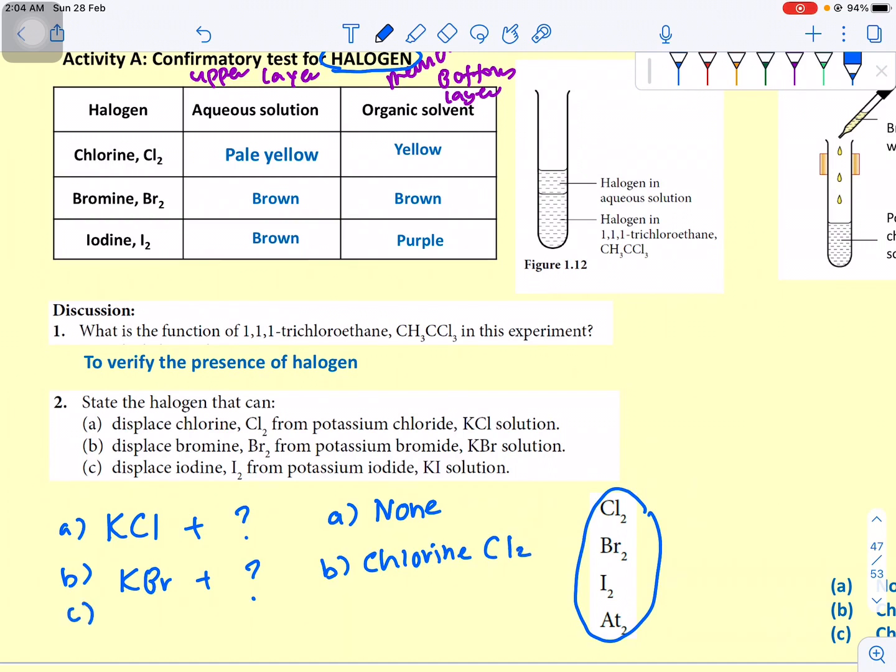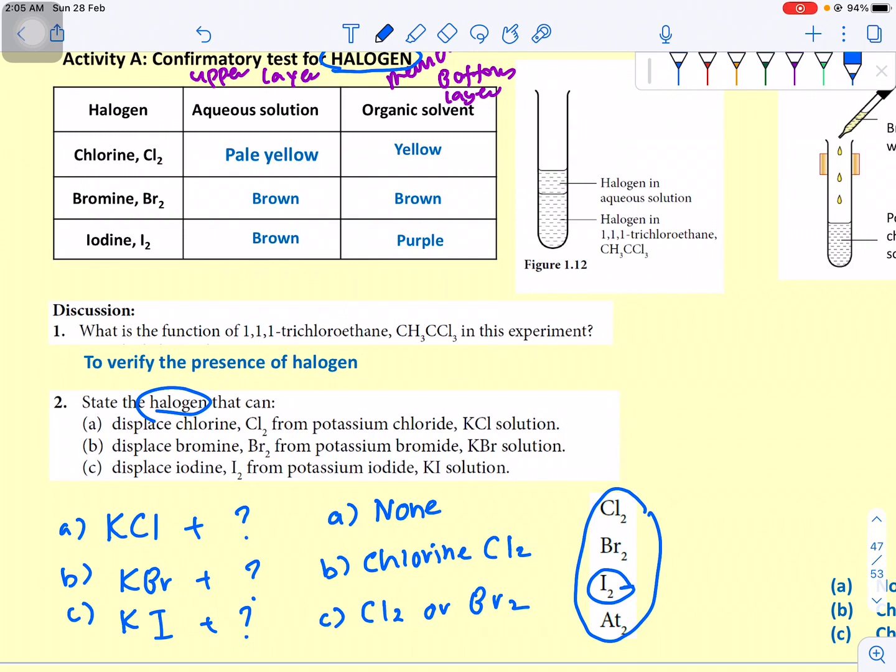Okay, and then C, which halogen can displace iodine from potassium iodide? Look at the position of iodine. Above iodine there are 2 more halogens. So who can displace iodine from potassium iodide? Definitely a more reactive halogen, either chlorine or bromine.